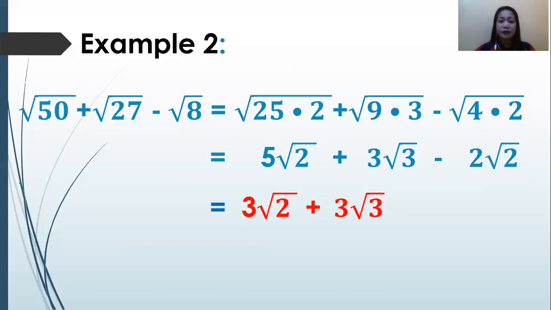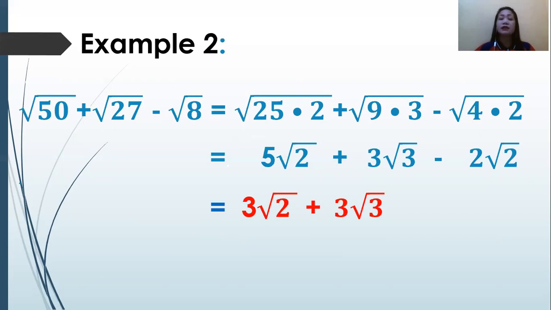Okay. For the square root of 25 times 2, we have 5 square root of 2, plus for the square root of 9 times 3, we have 3 square root of 3. For the square root of 4 times 2, we have minus 2 square root of 2. In this case, we have 2 radicals which are the same, so we can add 5 minus 2.